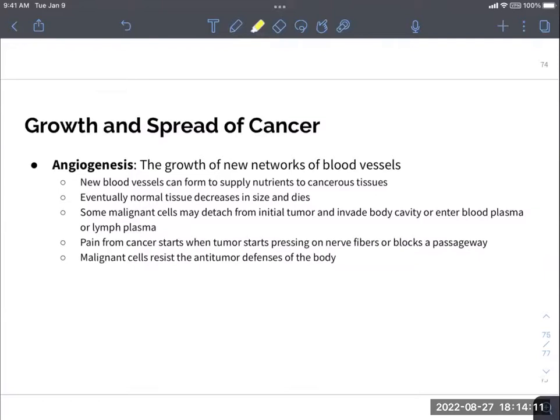So as cancer tumors keep growing, we have the process of what's called angiogenesis. This is where blood vessels start to grow and they come in contact with these tumors, and they go through these tumors and provide them with the nutrients that they need for these cells to keep replicating.